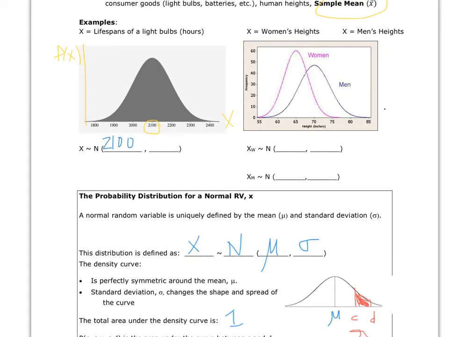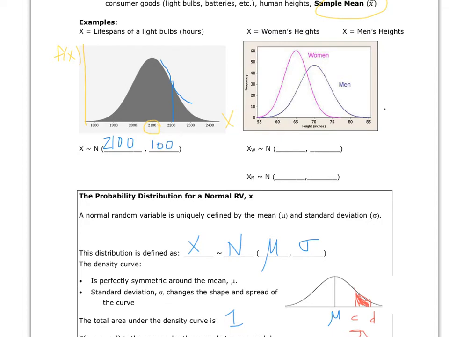Standard deviation isn't readily available from just looking at the density curve, but one standard deviation on either side is where the graph changes from being concave down to concave up. So it's approximately at 2200, which is 100 over that mean of 2100. So we can estimate that the standard deviation is 100.